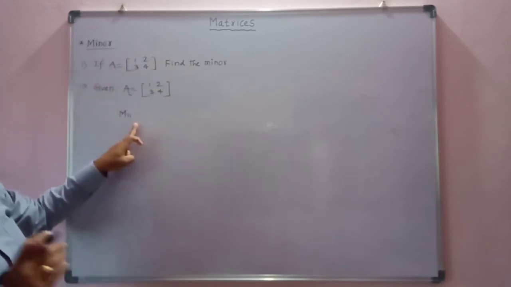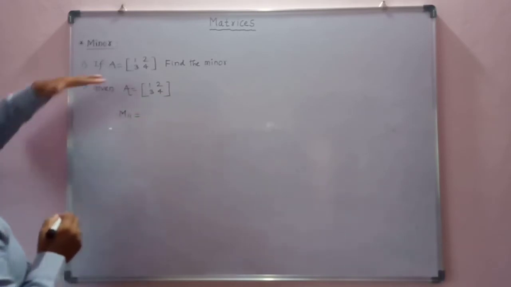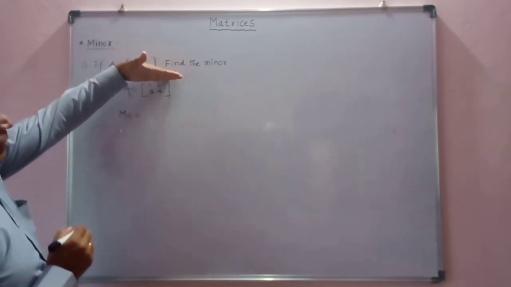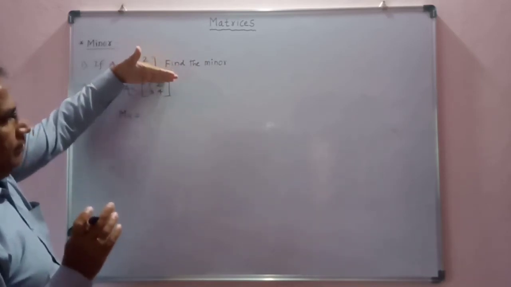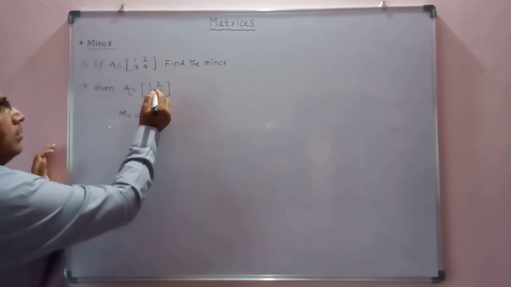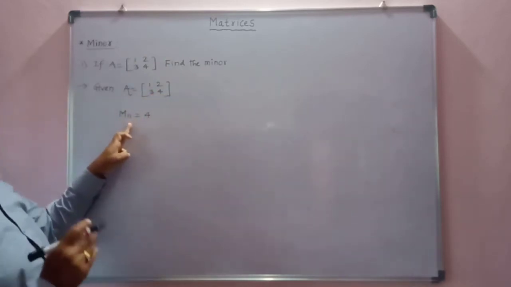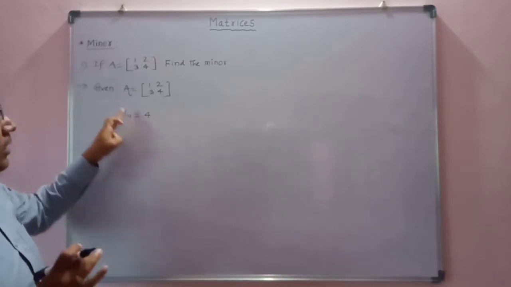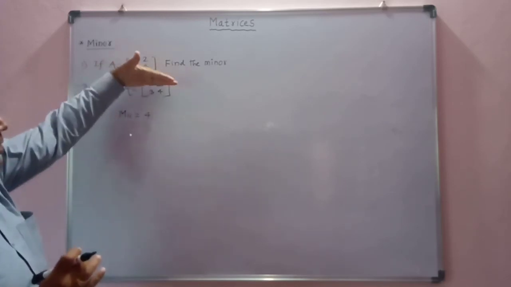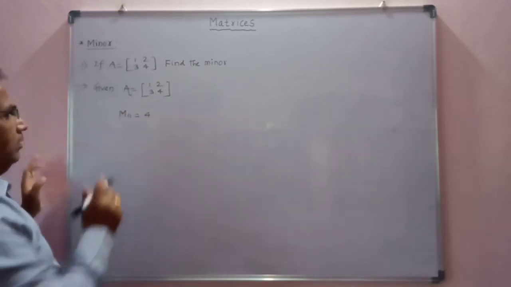M11 is the first minor. M11 means leaving out the first row and first column, that is, deleting them. This minor is 4.